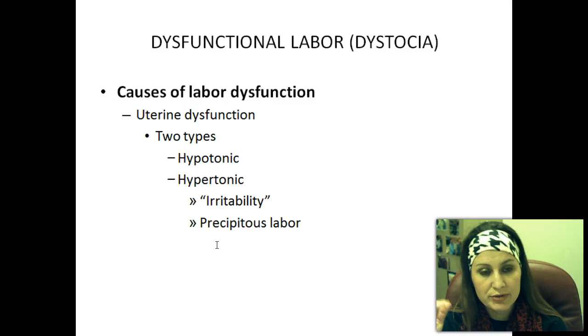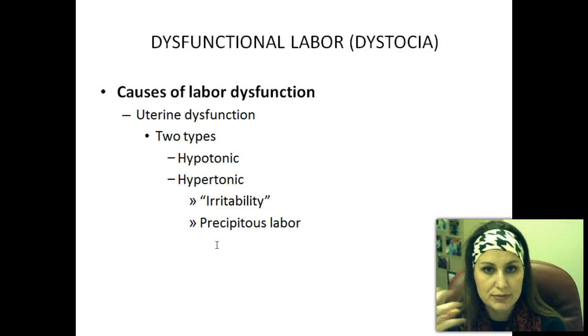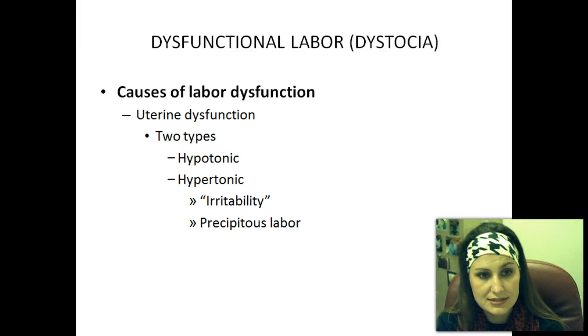And again, remember, if you're having contraction after contraction, you're not getting that good rest. You're not allowing the baby to get perfused, getting that blood supply, that oxygen supply to the baby. So that's called irritability.